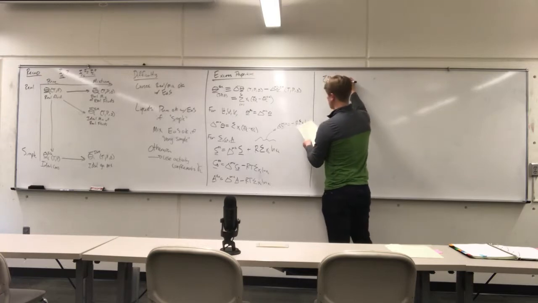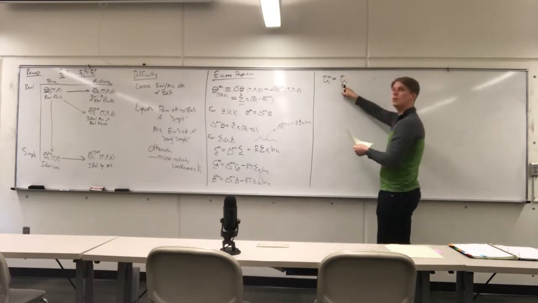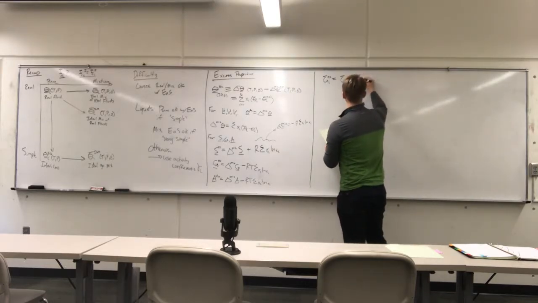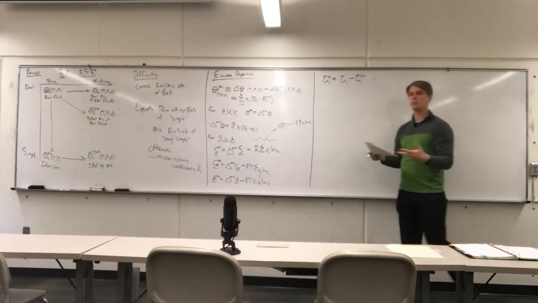This is supported by just this definition down here: the real partial Gibbs of species i in a mixture minus the partial molar Gibbs as if it were in an ideal mixture.